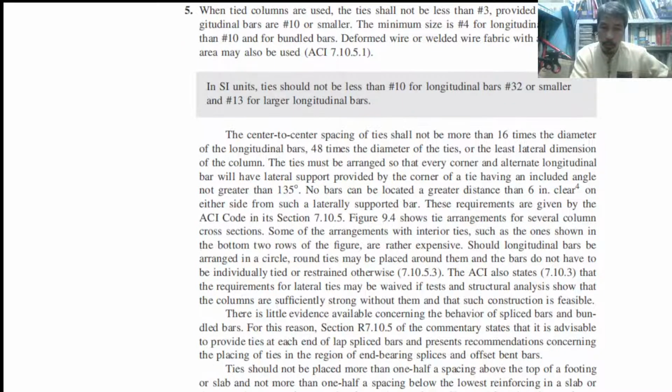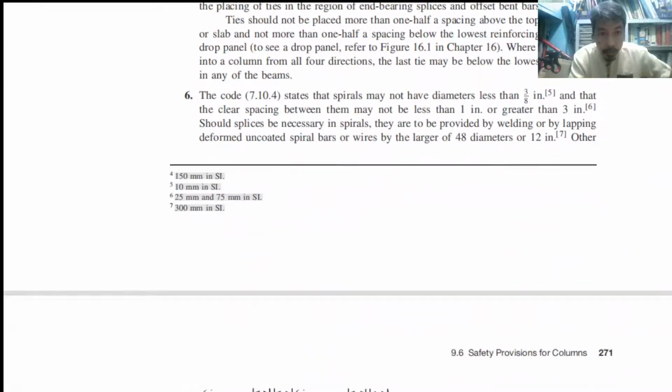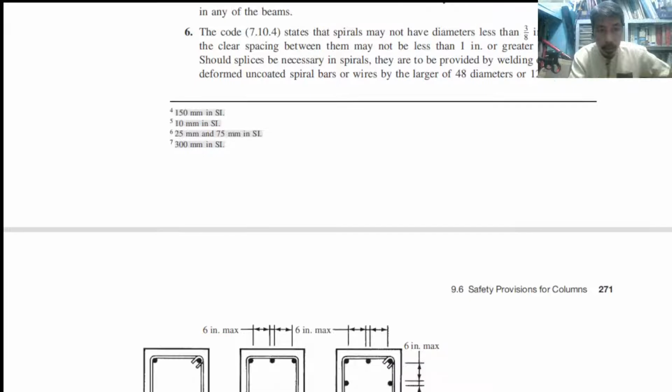Then number 6, the code states that spirals may not have diameters less than 3/8 inch, and that the clear spacing between them may not be less than 1 inch or greater than 3 inch.